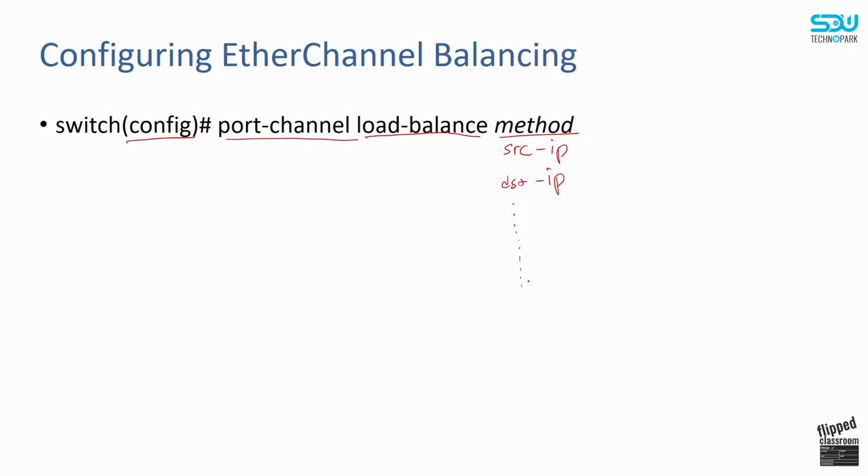The Catalyst 2960 and 3560 switches only support source IP, destination IP, source MAC address, destination MAC address, and source-destination MAC address and source-destination IP address. They are not supporting work with port numbers like source or destination port numbers, because they are not working with layer number 4.